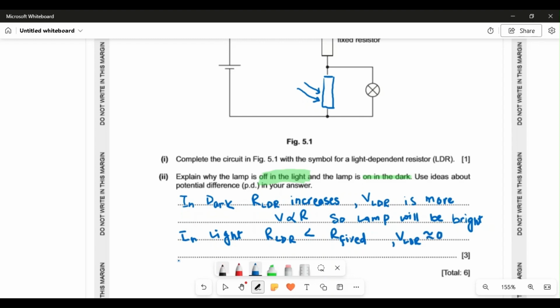So there is no or very small potential difference, so almost no light is obtained from the lamp. We will not find any light from the lamp.